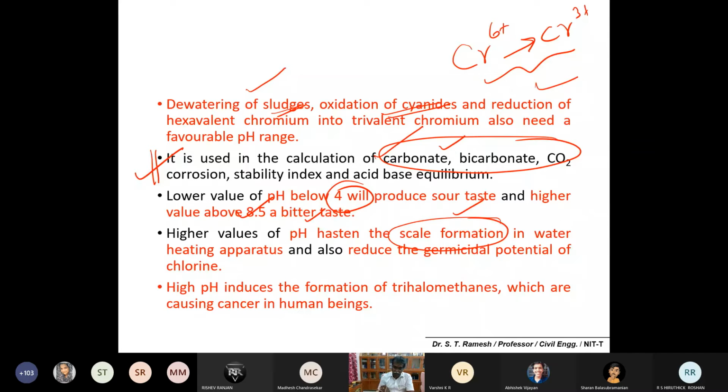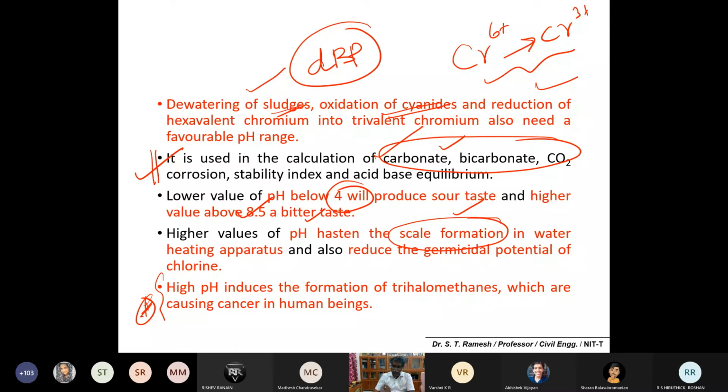And the last point is very important. That is what we have discussed in disinfection. Please make a note on this. If any organic matter is present in the water during disinfection, there could be a formation of disinfection byproducts, DBPs. Last semester we studied disinfection byproducts.